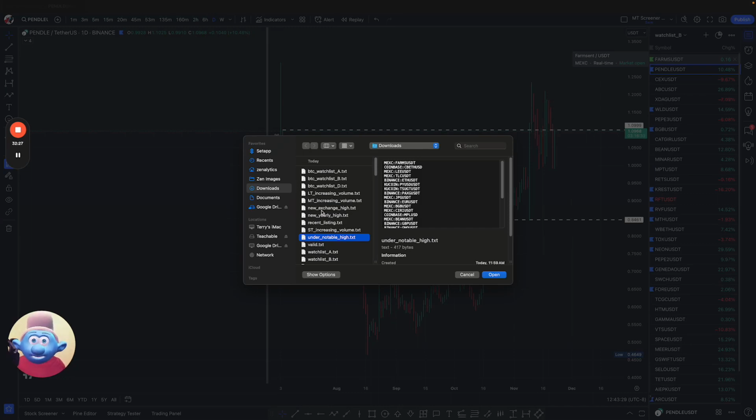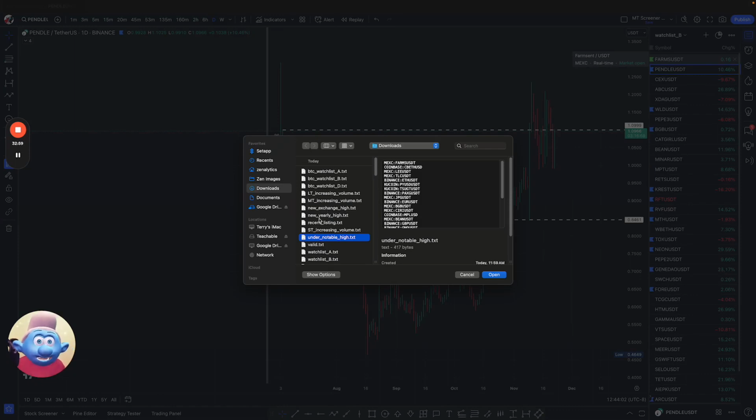But basically the new exchange high means that, since this asset was listed on that exchange, it's setting a new high for that particular exchange. So say something was just listed on Coinbase, but it has existed on Binance for a while. It may be on a new exchange high on Coinbase, but have a prior high that's higher on Binance. That asset will show up in the new exchange high, where it's specifically only on Coinbase that it's on a new high.